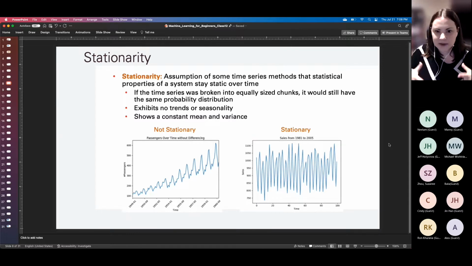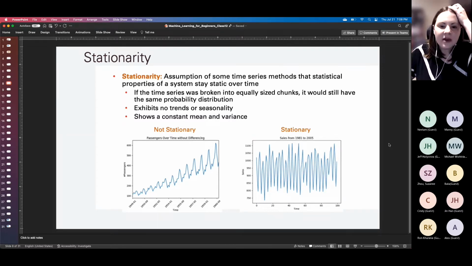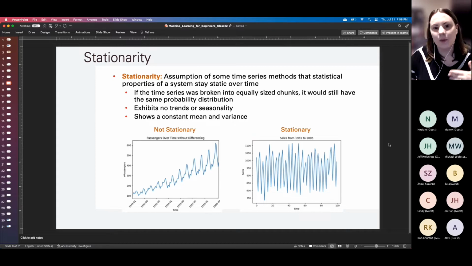The concept of stationarity is really important for time series. The assumption for many time series models, not the one we're covering today, and I'll get to that more later, is that time series have statistical properties that stay constant or static over time. A good way to think about it, I think, is to say this time series was broken into equally sized chunks.